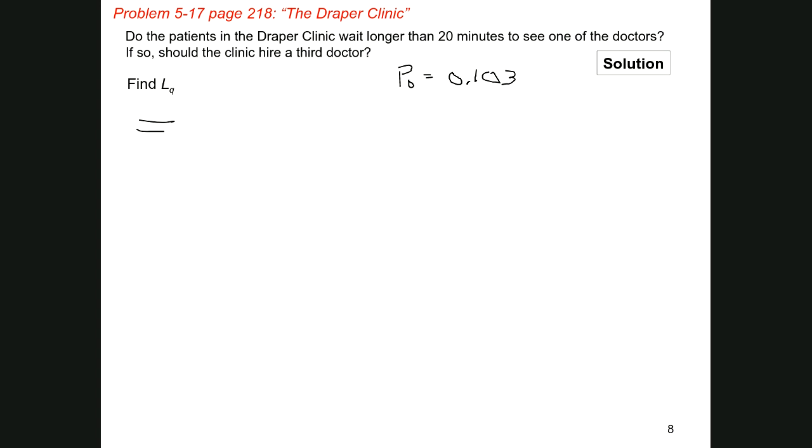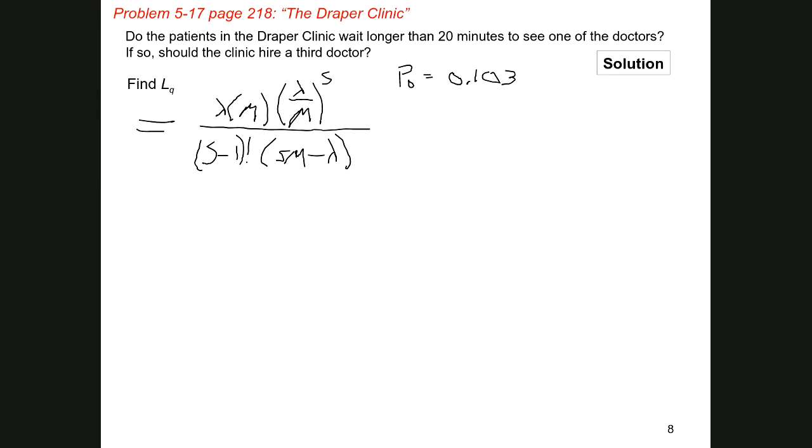Its first term is a ratio: lambda times mu times lambda divided by mu, quantity raised to the S power, all divided by S minus 1 quantity factorial times S times mu minus lambda, that quantity squared. Then we take this whole term and multiply it by P sub 0 to calculate L sub Q.